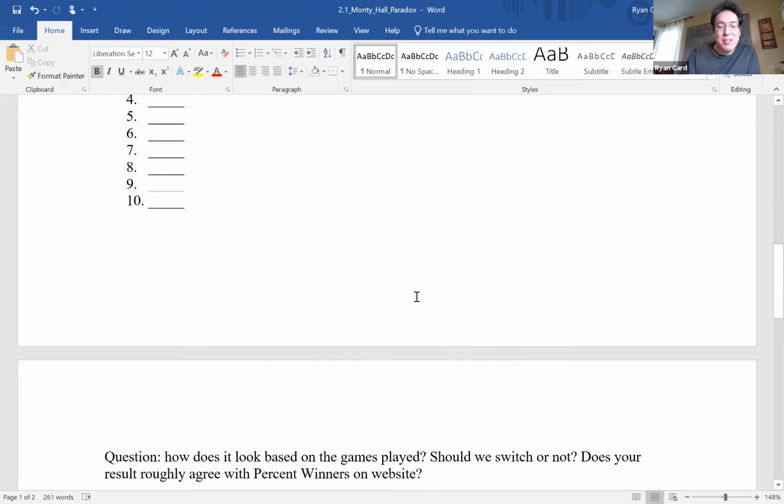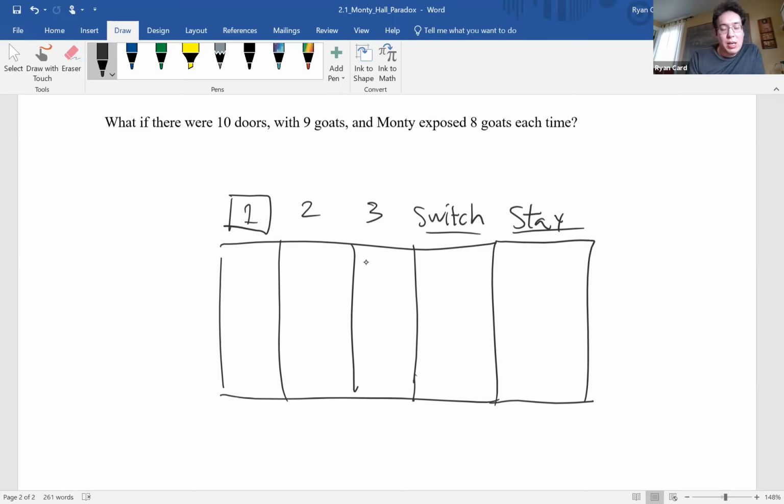And let's say strategy to switch or strategy to stay. Just to make things simpler, we always choose door one at first. If I chose door two or door three, just relabel the door. So it's named one.